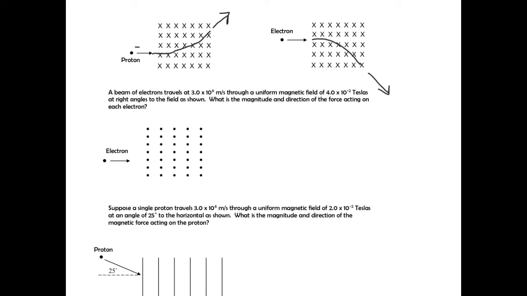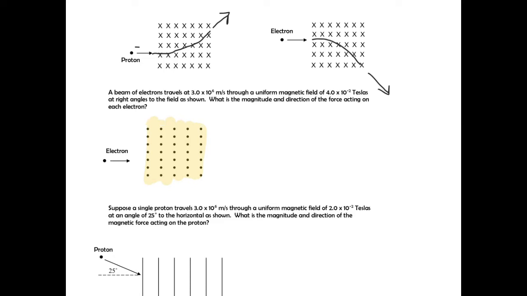Okay, so let's actually address the direction first. And I invite you to do this at home, but using your left hand, this time your fingers would come out of the board or out of the screen for this whole magnetic field right here.